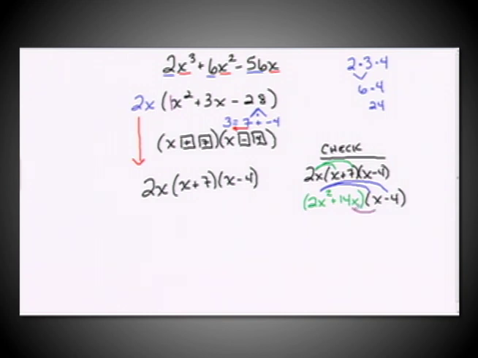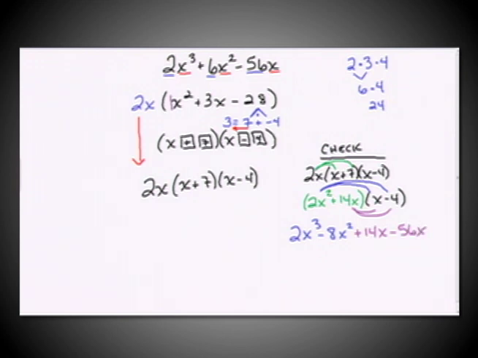Each term in the first binomial with each term in the second binomial. And that gives me 2x cubed. 2x squared times negative 4 is negative 8x squared. 14x times x is positive 14x. And 14x times negative 4 is negative 56x.